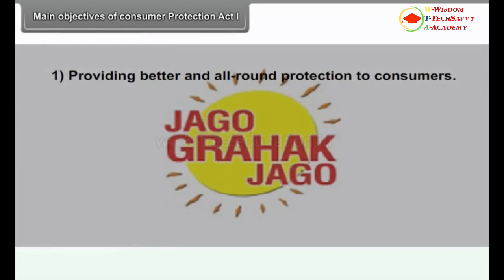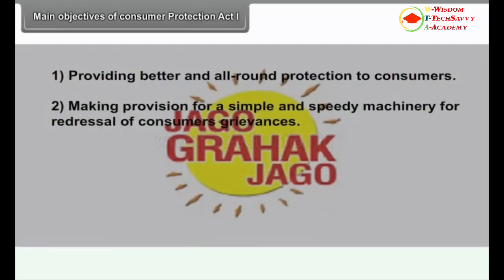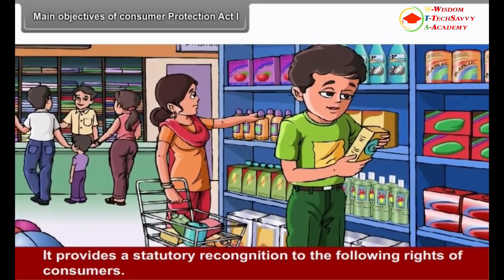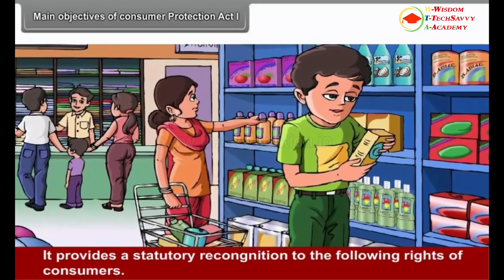Main objectives of the Consumer Protection Act: 1. Providing better and all-round protection to consumers. 2. Making provisions for a simple and speedy machinery for redressal of consumers' grievances. It provides a statutory recognition to the following rights of consumers.